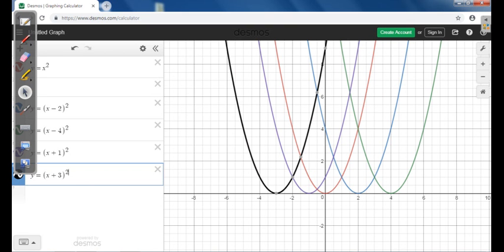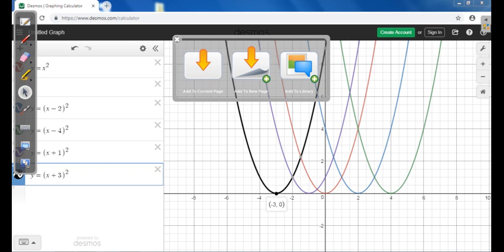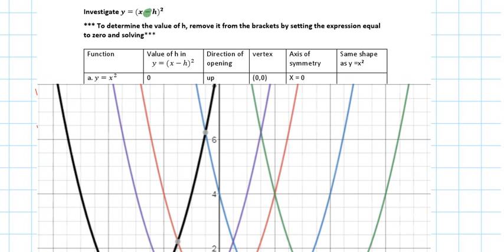To the left 3. So my vertex is at -3, 0. Okay, so the h value is causing the x part of the vertex to move either to the left or to the right.